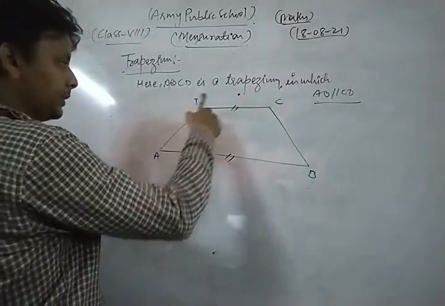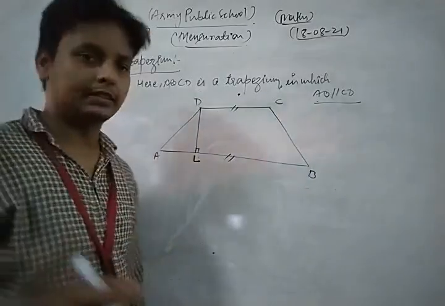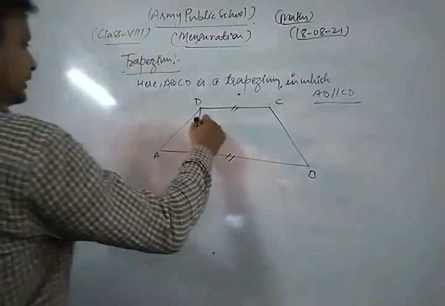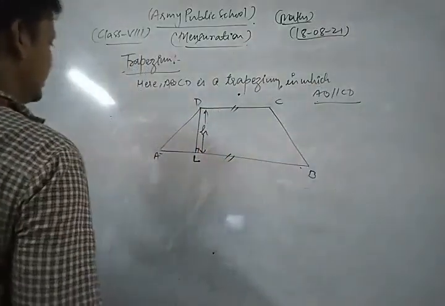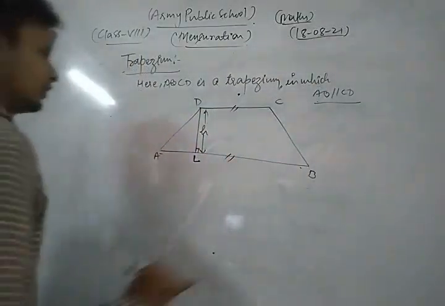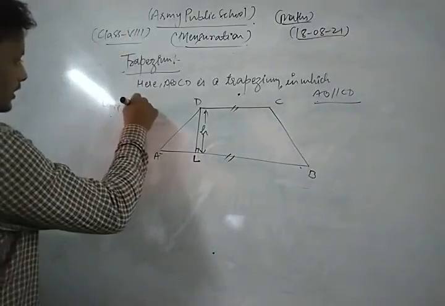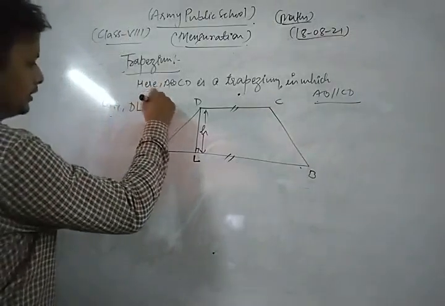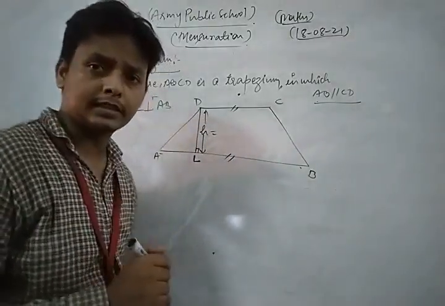Then DL is the perpendicular distance between the two parallel sides AB and CD. Here let us take it as H. So DL is perpendicular to AB, which means H is the perpendicular distance between the two parallel sides.